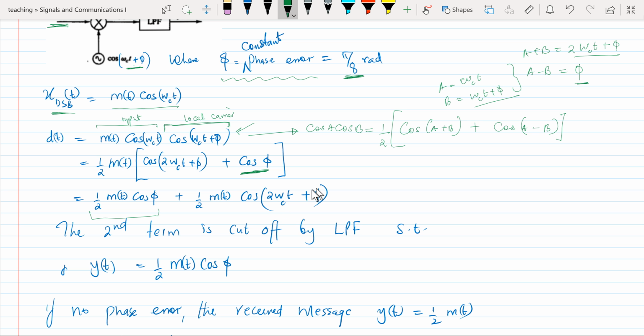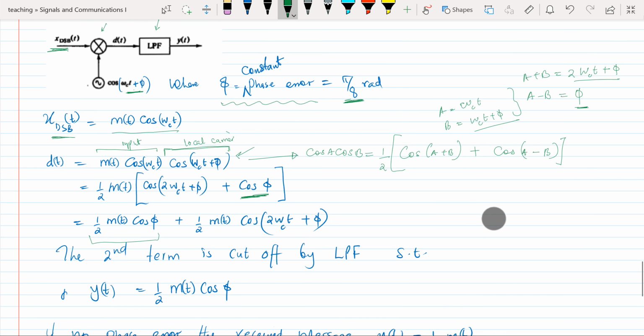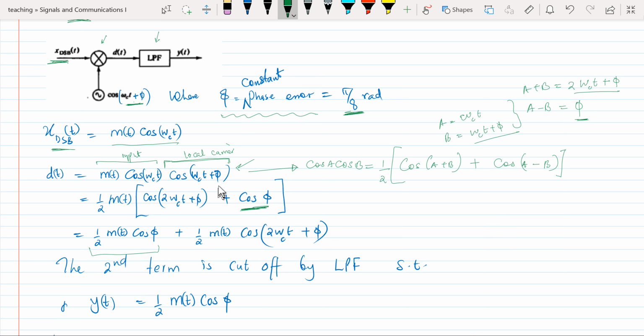Then when we pass this signal through the low pass filter, d of t has these two terms, and the low pass filter cuts off the high frequency component. You can see this has a double frequency, so it is going to be cut off. Therefore, you are going to be left with 1 over 2 m of t cos phi. This is the one that has the phase error introduced.